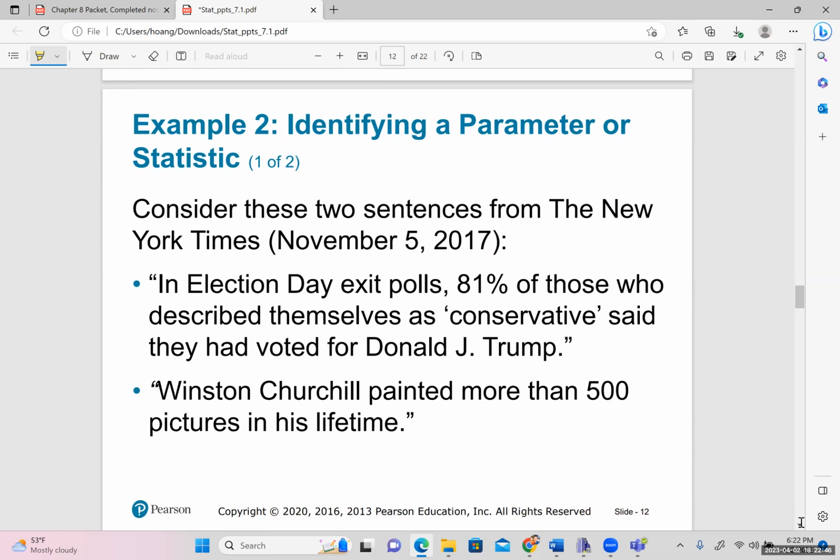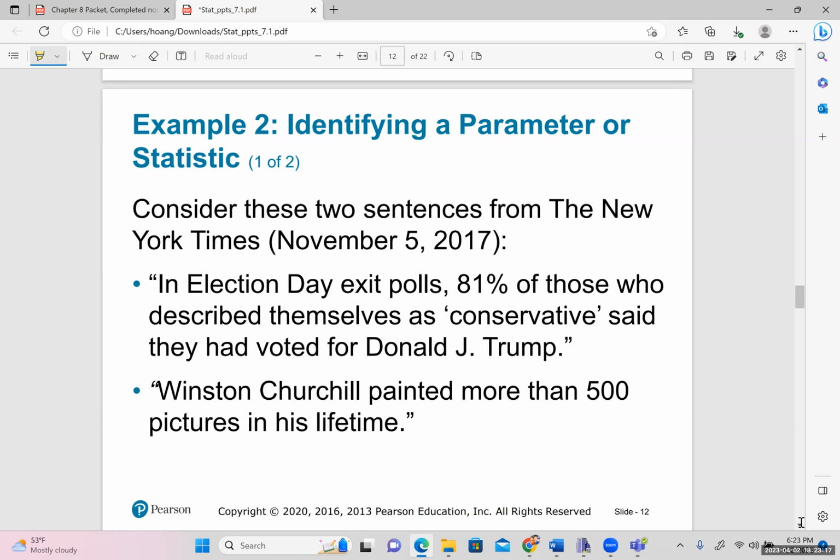Let's identify parameters or statistics here. Consider these two sentences from the New York Times, November 5th, 2017. In election day exit polls, 81% of those who describe themselves as conservatives said they had voted for Donald J. Trump.